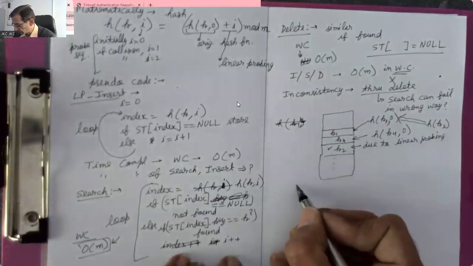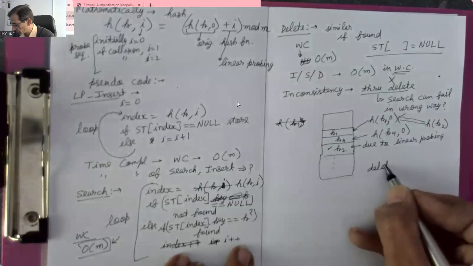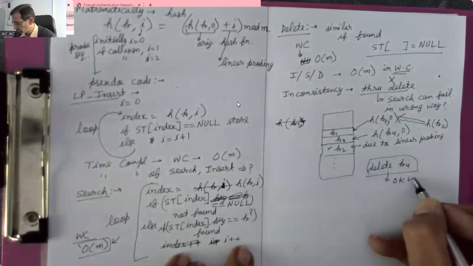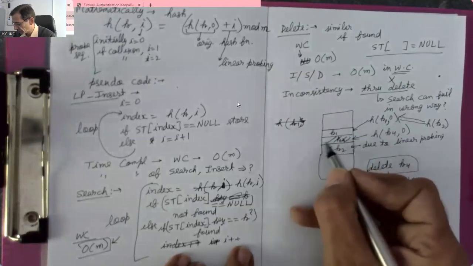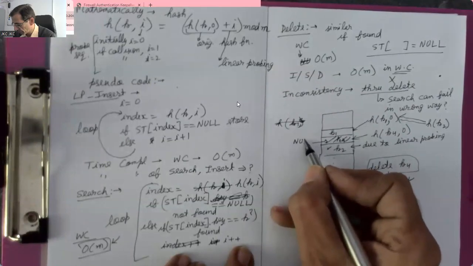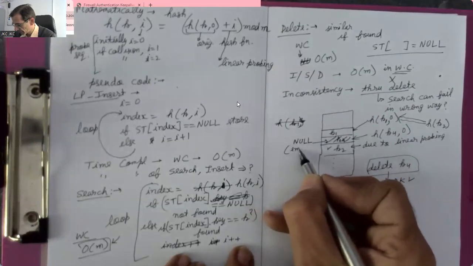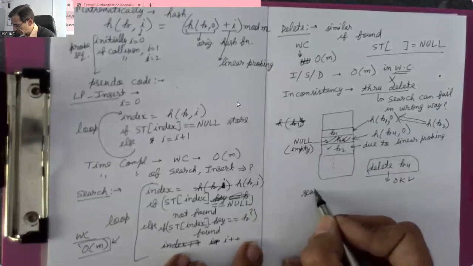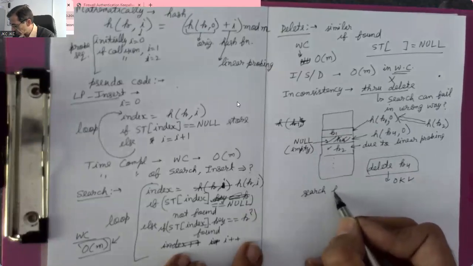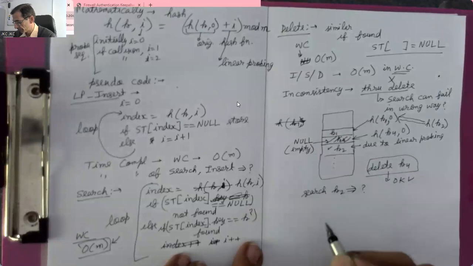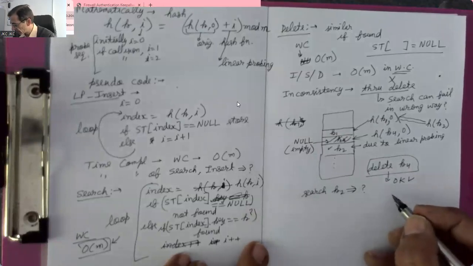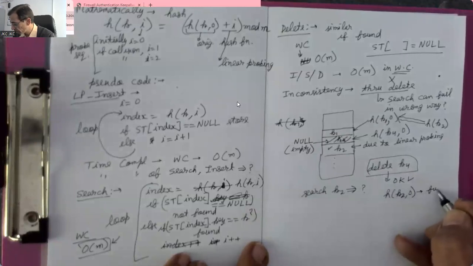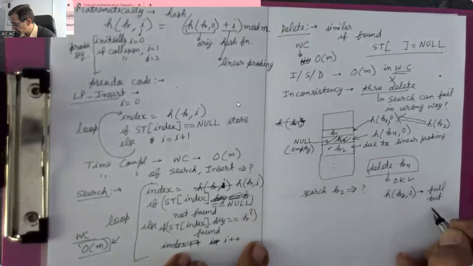Now assume a request comes to delete K4. This will work perfectly, no issues. K4 is deleted, and this is considered null or empty. Deletion done. Now, if the request comes for searching K2, what will happen? You started searching at H of K2 0. It is already full, but the key is different.